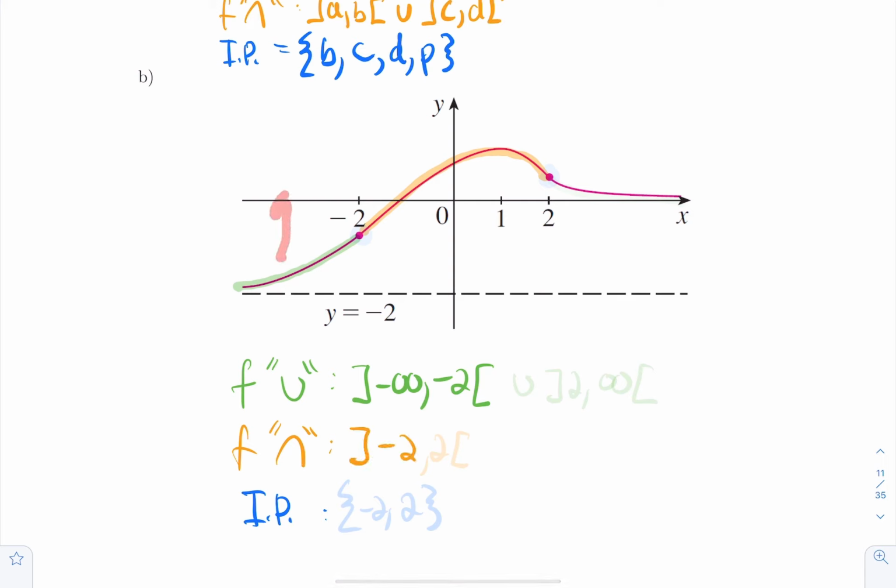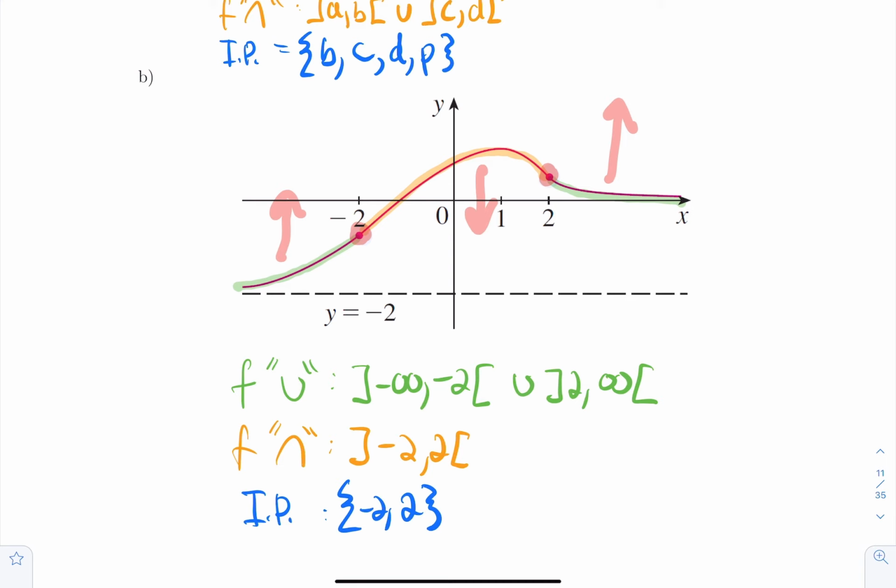And finally my function is concave up between 2 and infinity. So this means that minus 2 and 2 are inflection points because I went from concave up to concave down to concave up. I have a change of concavity at minus 2 and at 2. So those two points are inflection points.